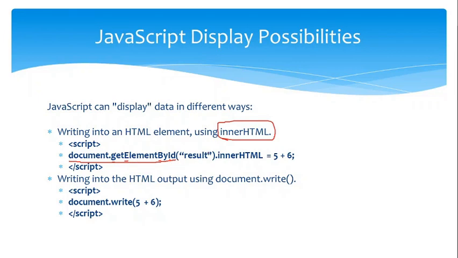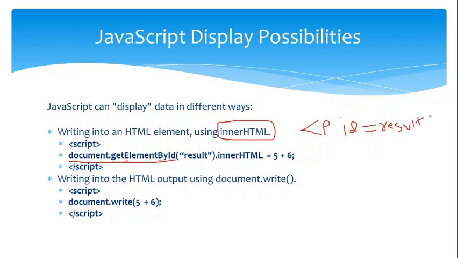Result is the name of the id, like we can see p id equals result.